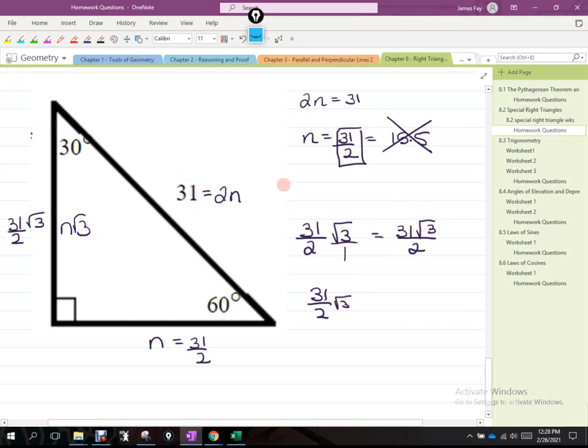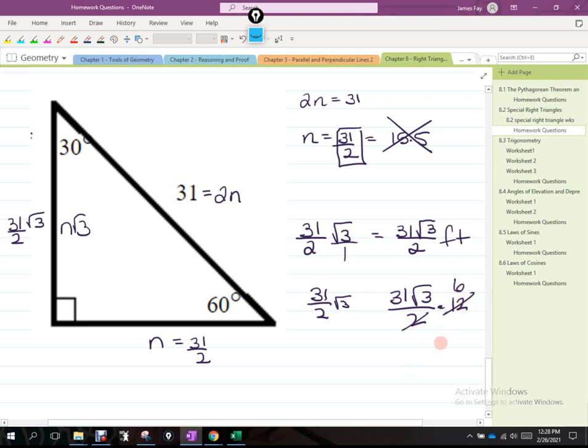Okay, so now I did everything in feet, right? So this is feet. So how do I go from feet to inches? Times by 12. Okay, so I'm going to take 31 radical 3 over 2, multiply by 12. Before I start multiplying here, does that 12 cancel with the 2 here?